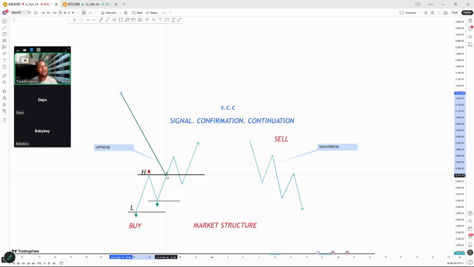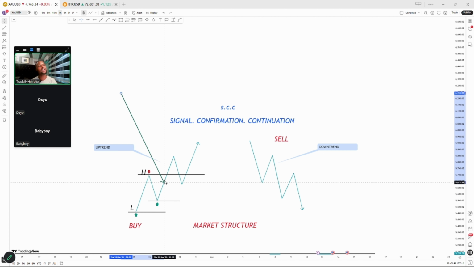But once they get to this level, these sellers will try to hold the price and see if they can sell it back down again. But because these buyers are now ready, they now have more money in the market, you will see that they will try to break this level that the sellers are in control of, which is they will use force, adding more money in the market than the sellers to break this level, causing a new high.